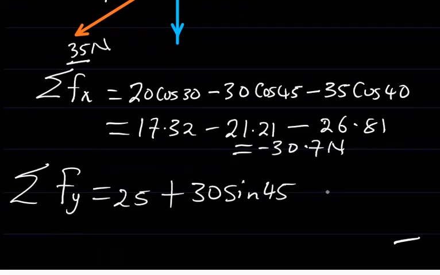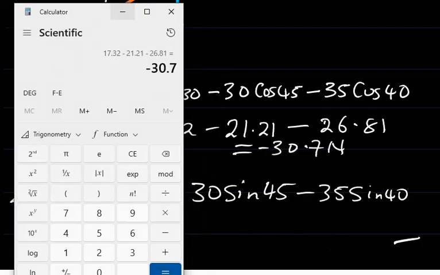Then, if I resolve the 35 Newton downward, that's going to be minus 35 sine 40. All right, so let's use calculator to work on this.